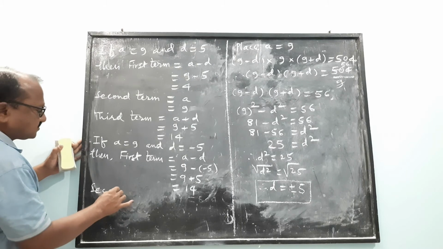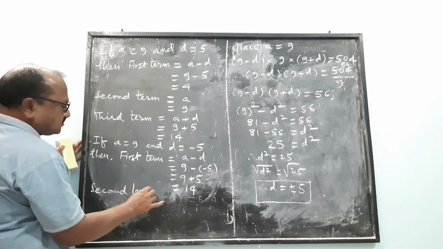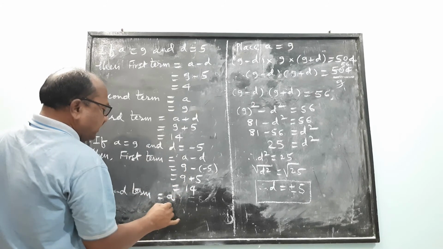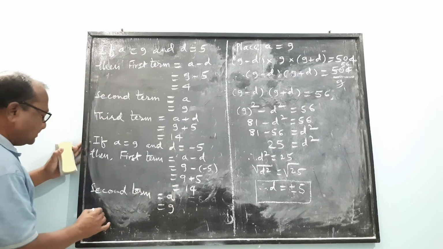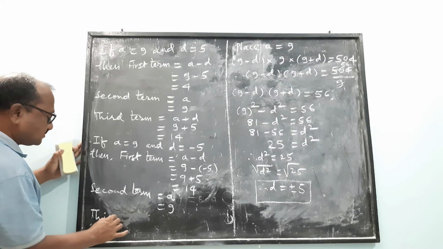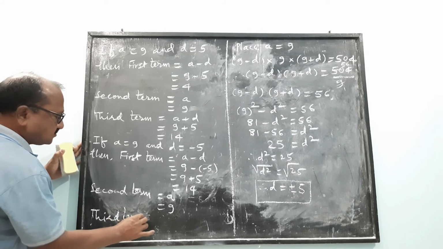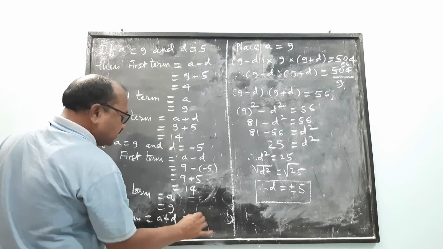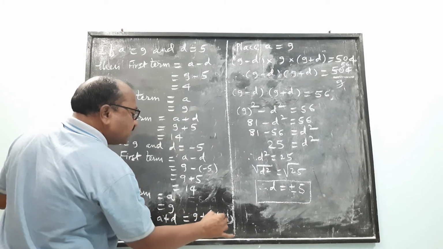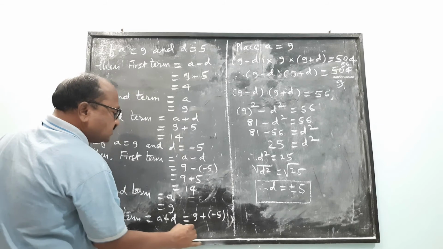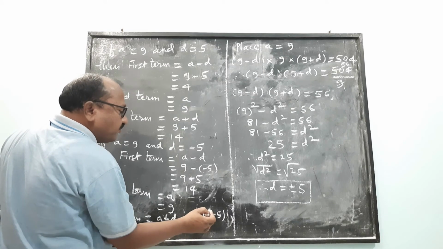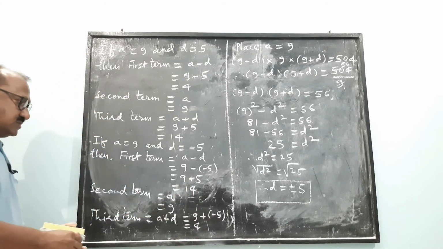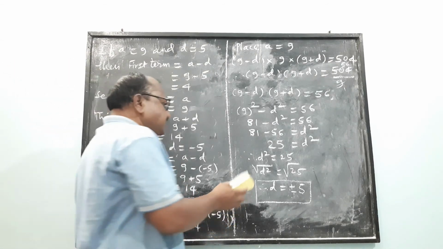Second term is considered as A and the value of A is 9. Third term is A plus D, that is equal to 9 plus into bracket negative 5, so 9 minus 5 means 4.